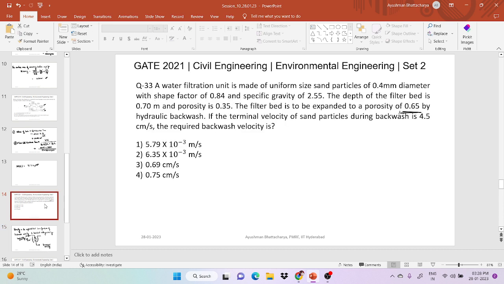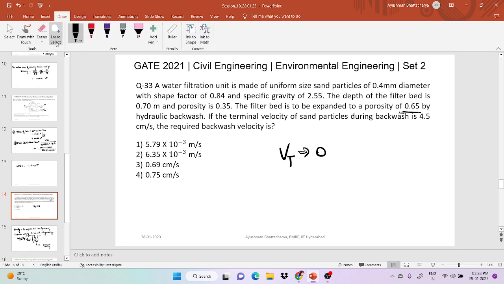The question says the porosity of the expanded bed is 0.65, with the terminal velocity of the sand particle during backwash. So Vt is given in the question as 4.5. Now they are asking the required backwash velocity.